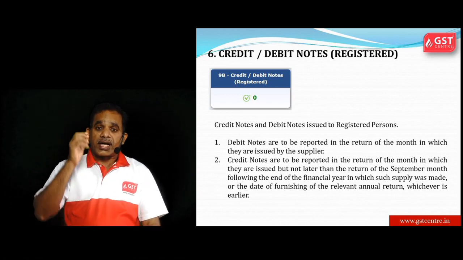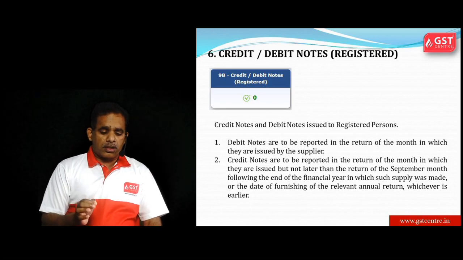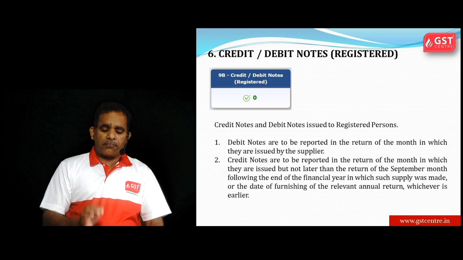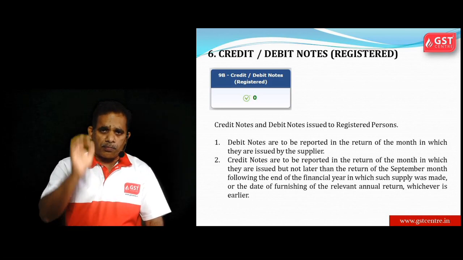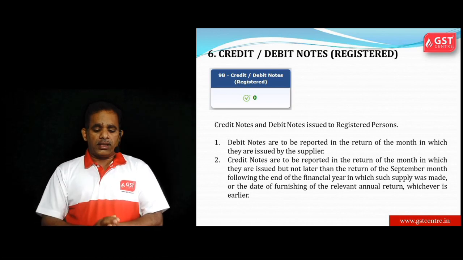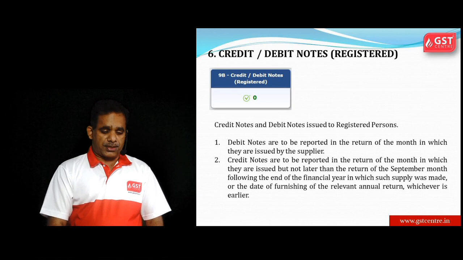And in case of credit notes, okay, please take care, it should be reported before filing the return of September month in the coming financial year, or filing the annual return, whichever is earlier. So please take care of the deadlines.